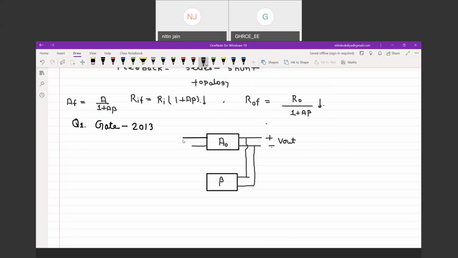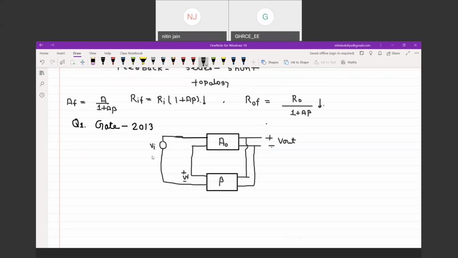And we are having one supply, which is Vi. And this supply is connected to feedback. This feedback is VF, the feedback voltage.